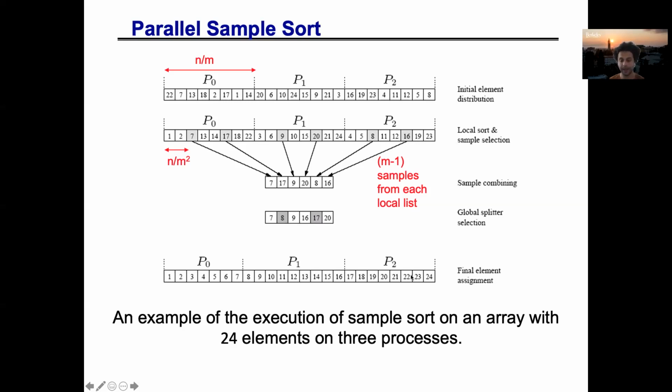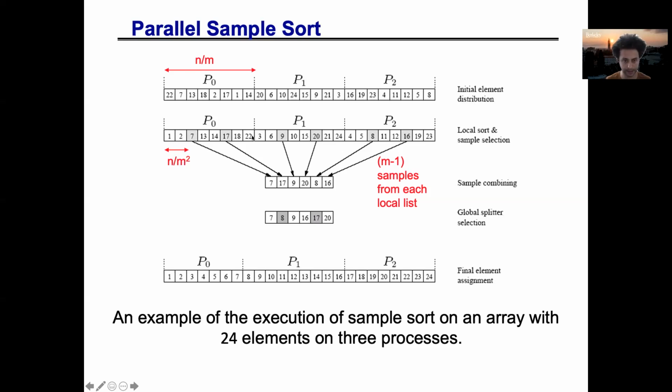And the thing to focus on in this slide is the following, and it's going to be useful when we're proving things. If I am locally sorting my array of length N over M, and I am choosing regularly spaced M minus 1 samples from each local list, my first sample is larger than N over M squared elements.